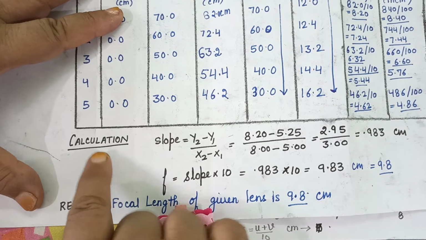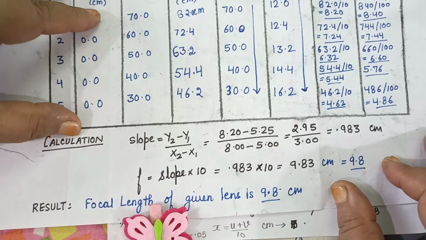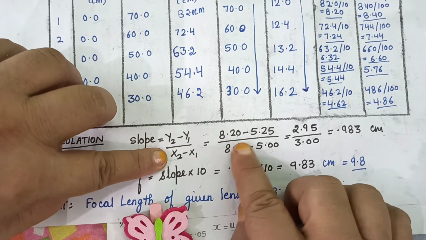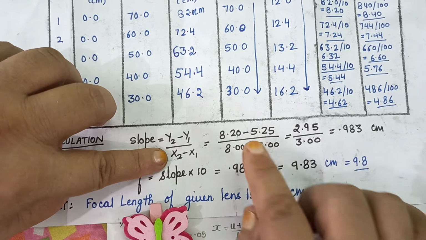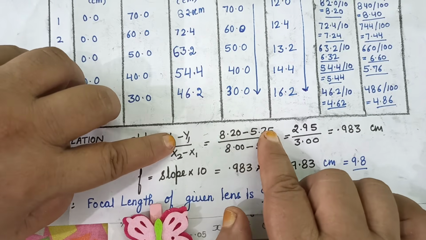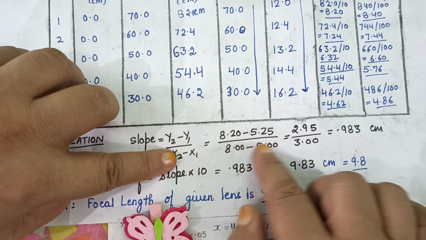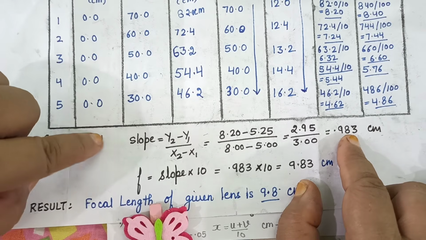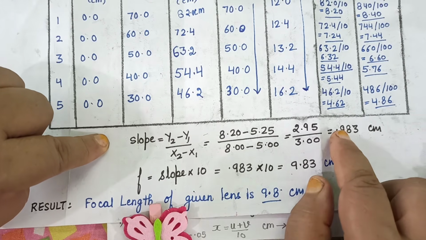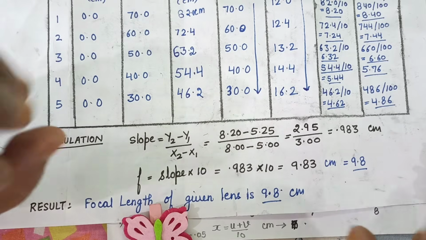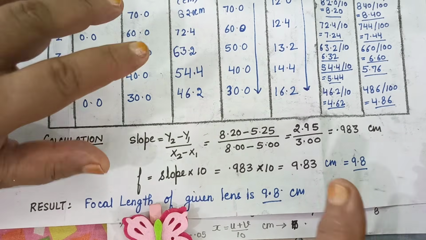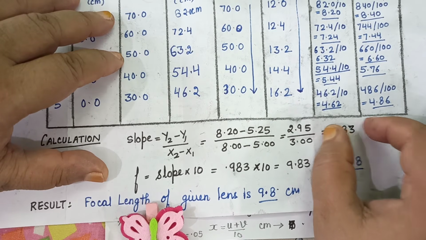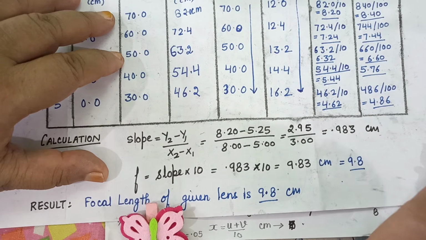Now the part of calculation. After observation, the next heading will be calculation, and you will write the formula for slope: y2 minus y1 upon x2 minus x1. As I have shown, I have already mentioned y2 and y1, x2 and x1 on the graph. So I just substituted the values, and they have said the slope should be calculated up to 3 significant figures. If you try to read that number, you can read only significant numbers in one go.